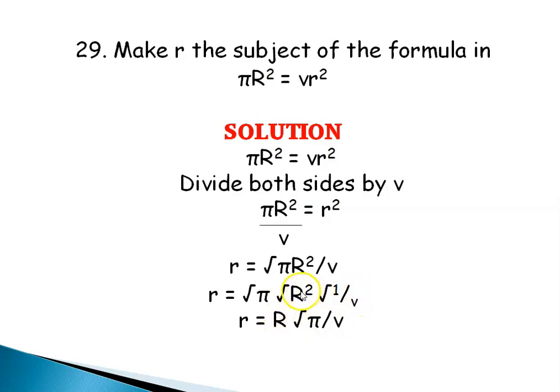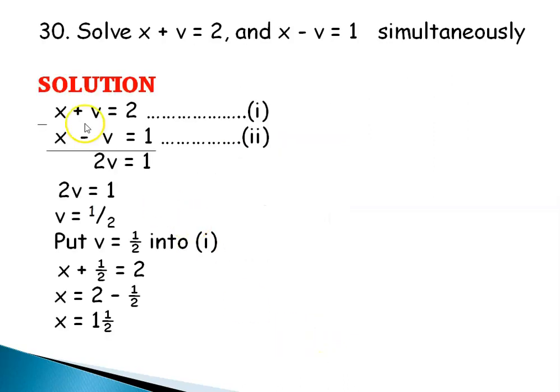It's just the R that doesn't have a square root again, so it can stand outside the square root. Small letter r is equal to capital R square root of pi over V, and this is r as the subject of the formula.